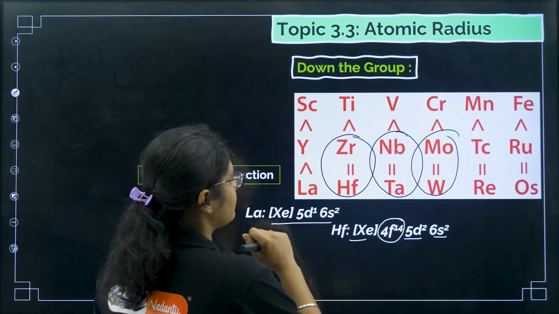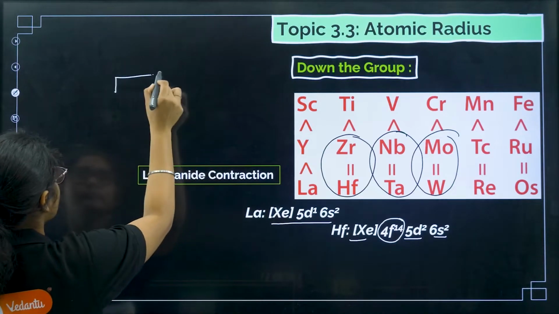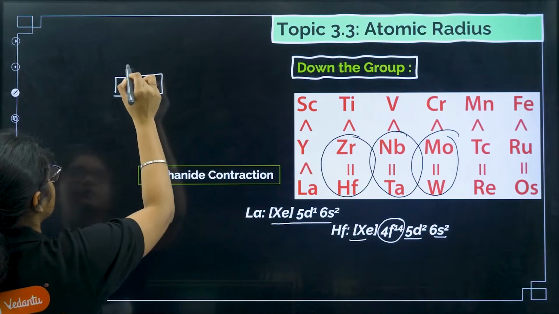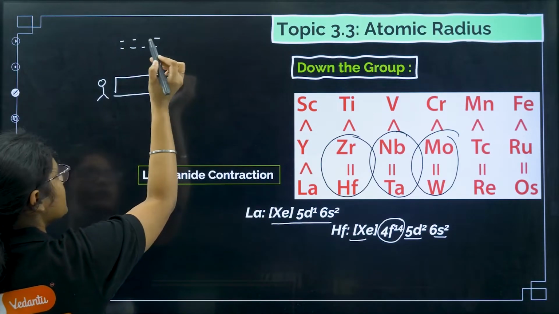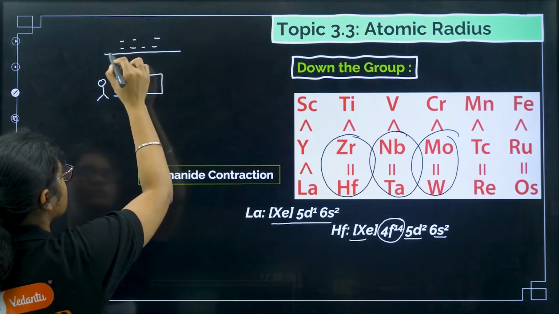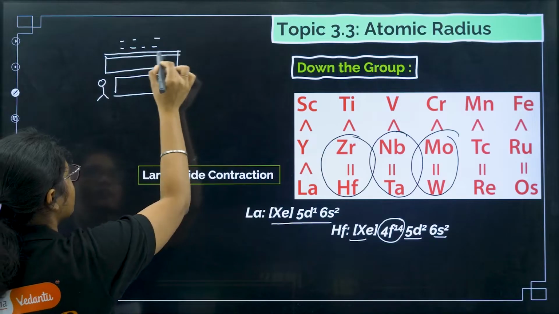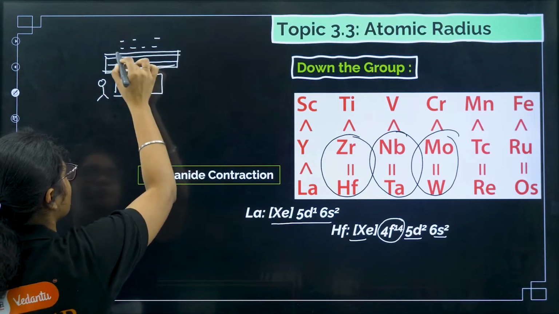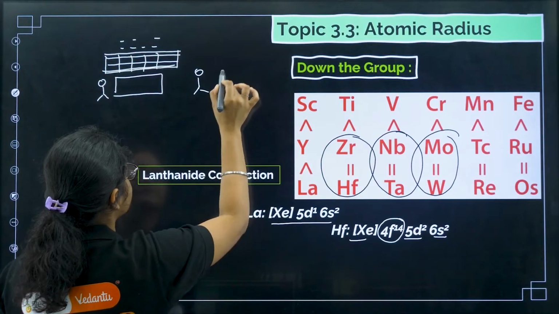See, suppose you are sitting in a classroom, and the teacher is there, the board is there, and you are sitting here. If there is an obstruction in between, like if I put some screens here, then you cannot see what is written on the board. Now I am putting two different types of screen.